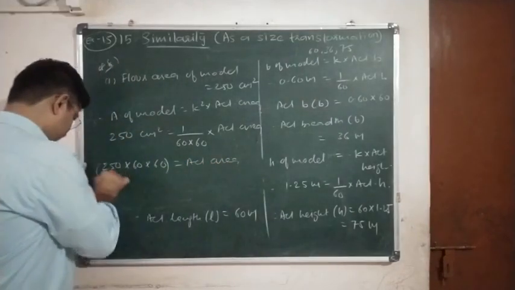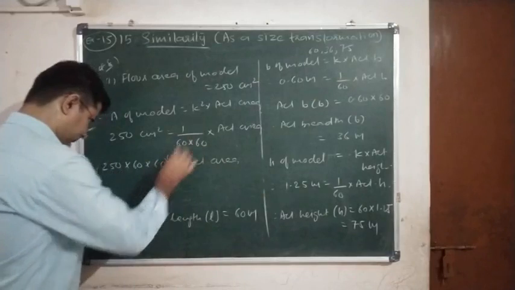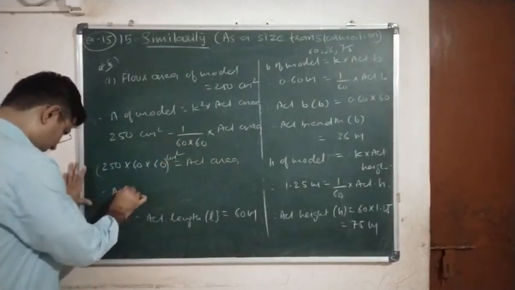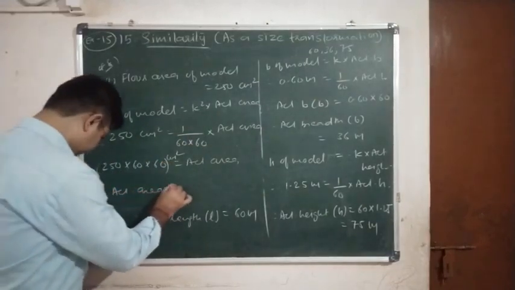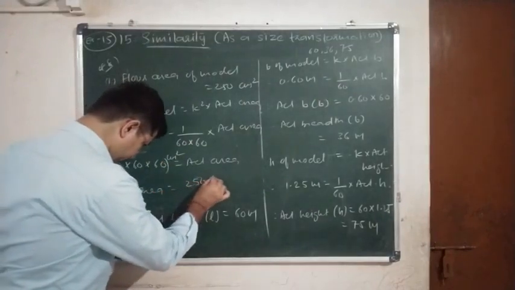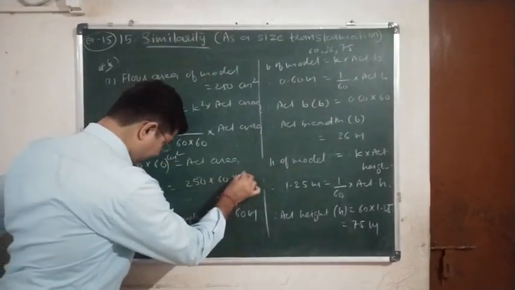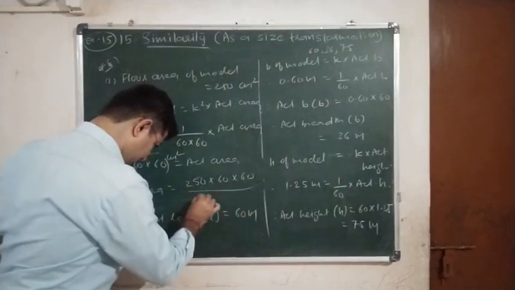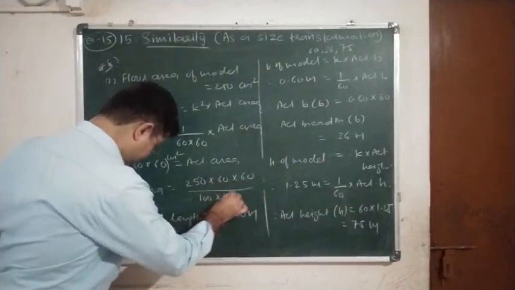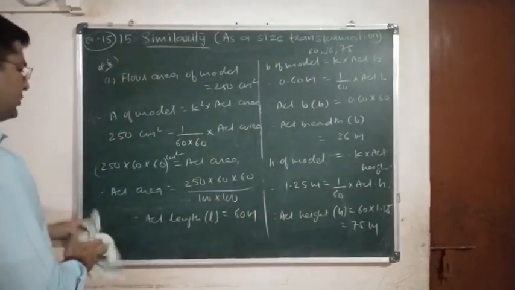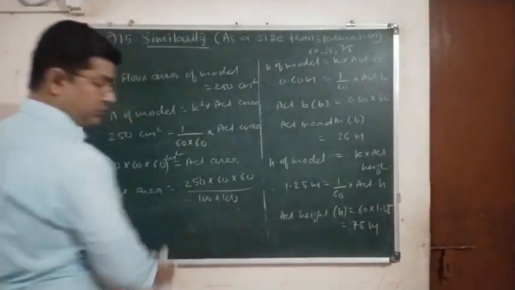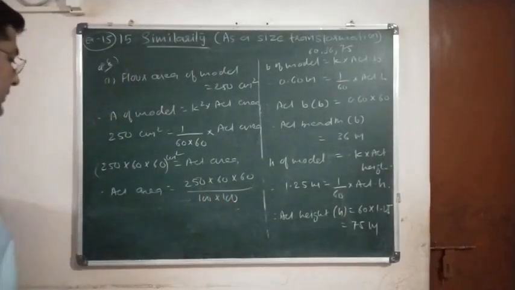This is square centimeters, yes or no? And therefore actual area is 250 into 60 into 60 upon 100 into 100. To convert square centimeters into square meters, we will divide by 100 into 100.